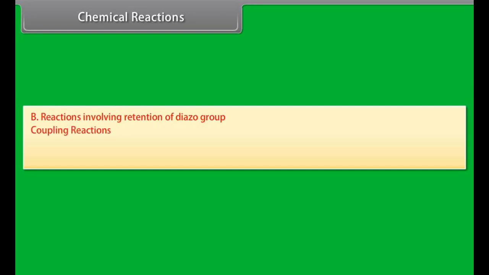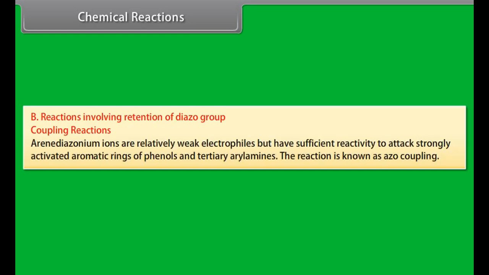Coupling reactions. Arene diazonium ions are relatively weak electrophiles but have sufficient reactivity to attack strongly activated aromatic rings of phenols and tertiary arylamines. The reaction is known as azo coupling.